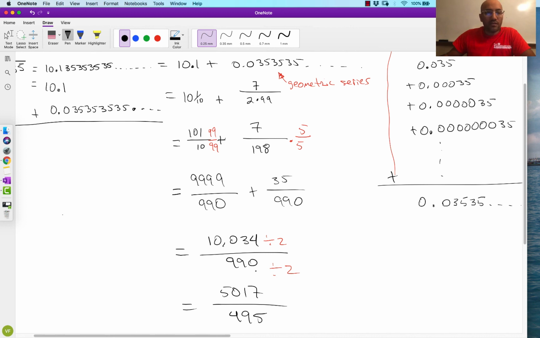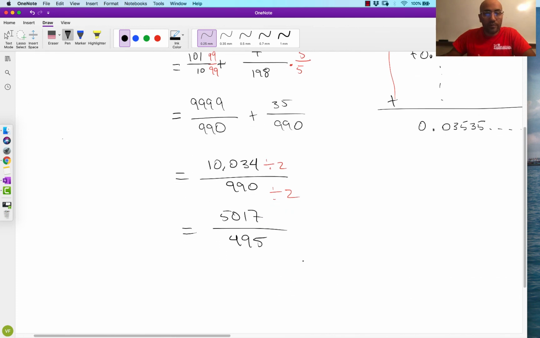Okay, you're not going to be penalized for not properly reducing it on the test, so don't worry about that. Any one of these would have worked, right?